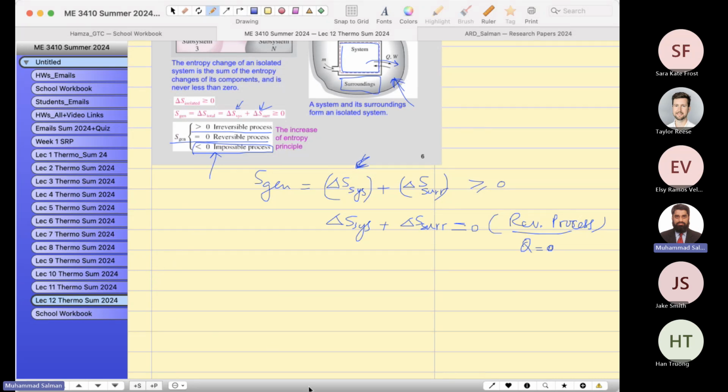So let's do one problem. I want to show you this problem, which will give you some understanding about entropy. This example is good for you to understand.